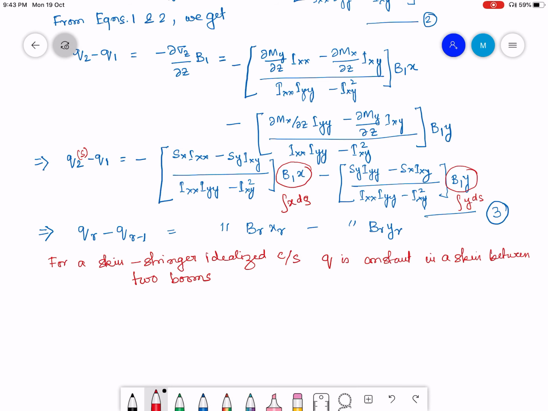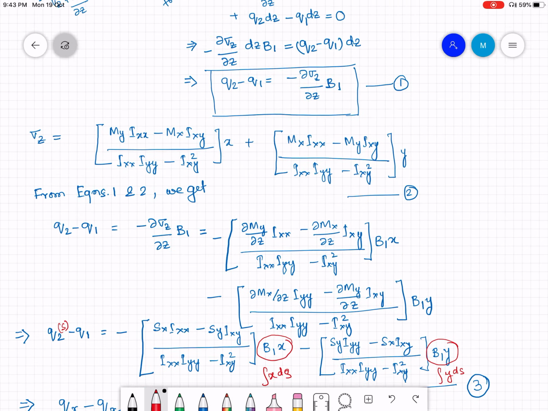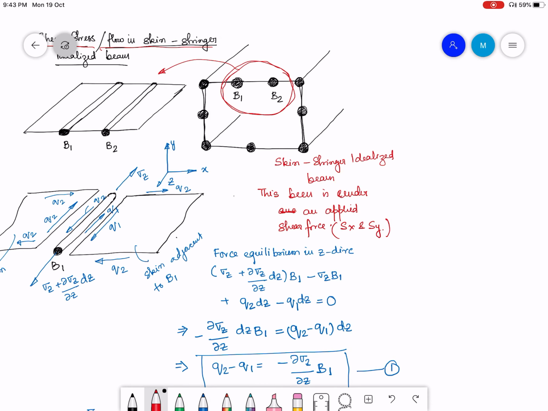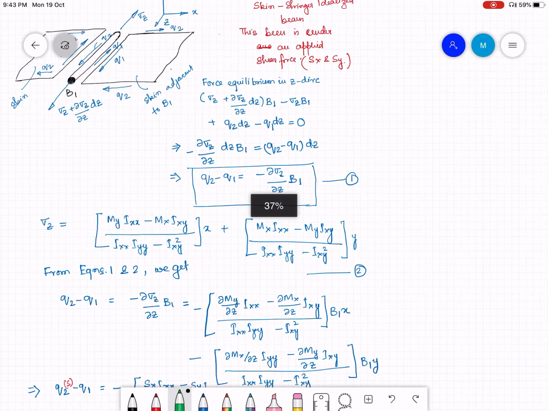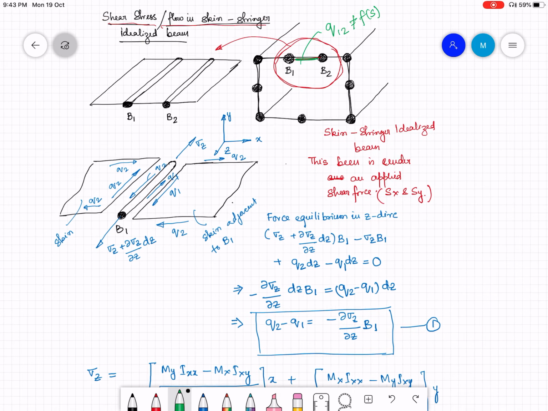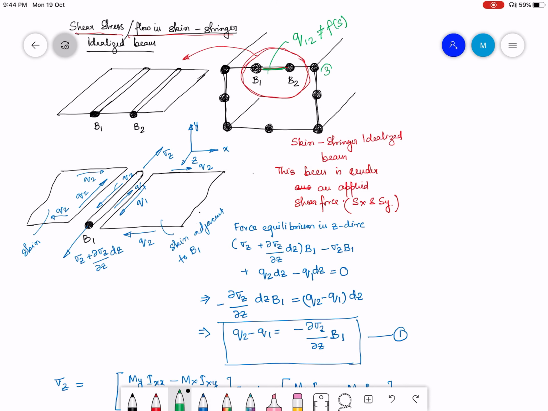So if I go back to my model, I will use a different color. This part is going to have a single q, which I can call q12, which is not a function of s, unlike my actual cross section. Similarly, if I call this point 3, then this part is going to be q23, which is not a function of s.